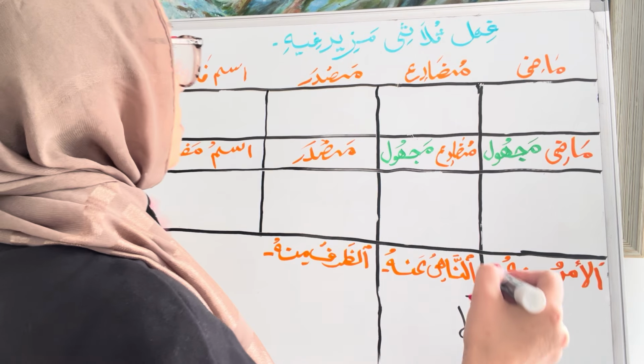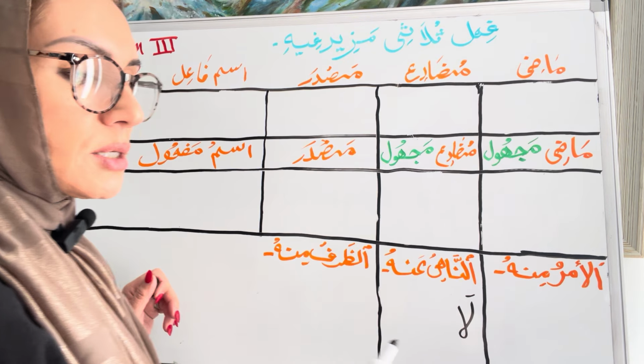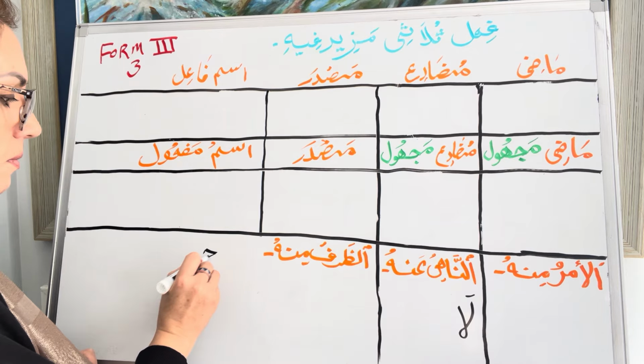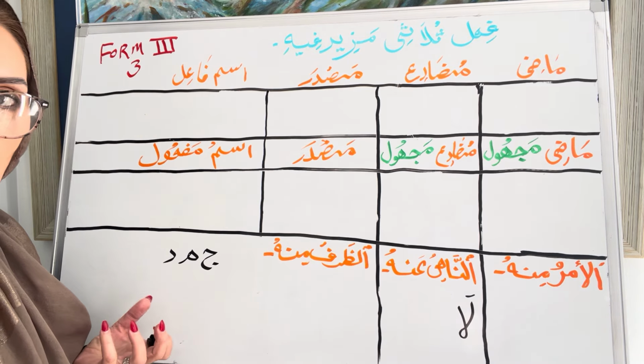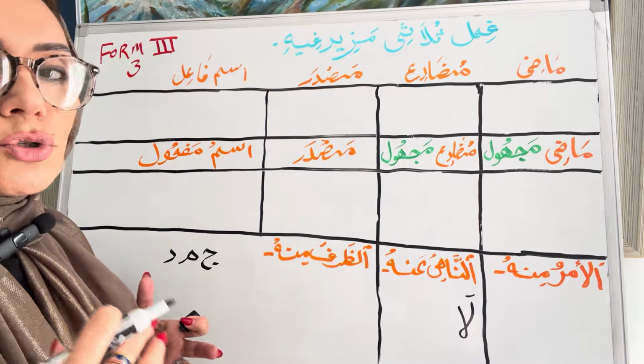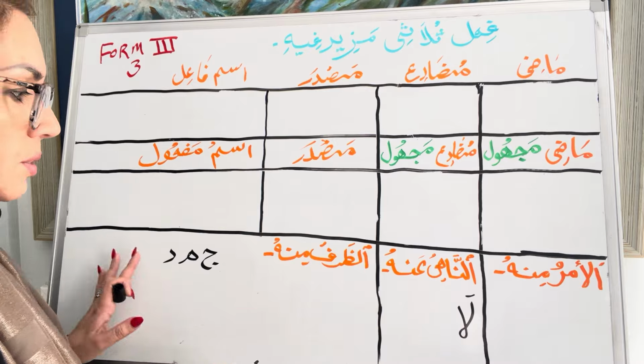So this one, form 3, is added an extra alif. So we have the word is, the basic root would be jahada, jahada, right? To strive, to struggle. That's the 3 root letter.